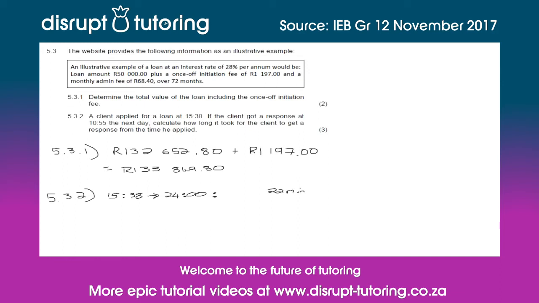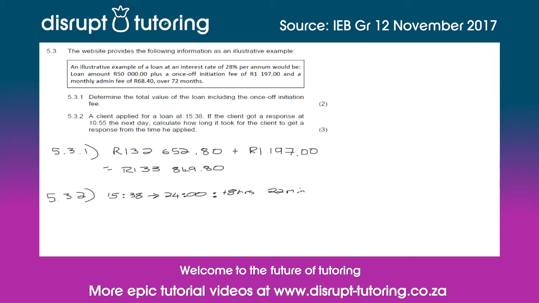And then from 4 o'clock to midnight, so it'll be from the 16th hour to the 24th hour, we need to add 8 hours. So therefore, to get from 3:38 to midnight, we need to add 8 hours and 22 minutes.